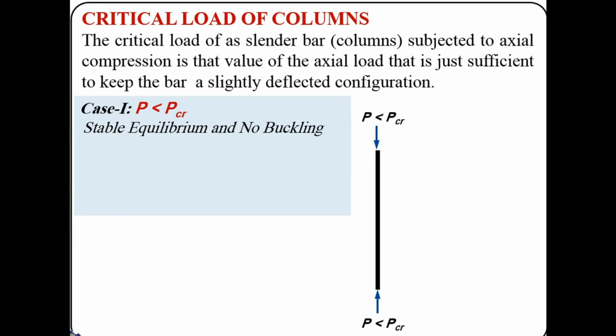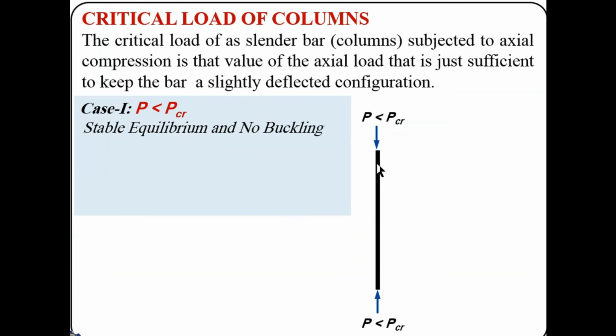So in this example, I have considered a long column. Assume that the cross-sectional area of this column is equal to 1, just for understanding. And this column is made of A36 steel. A36 steel means that the yield stress is 250 megapascal.